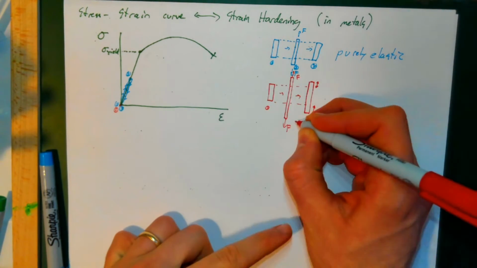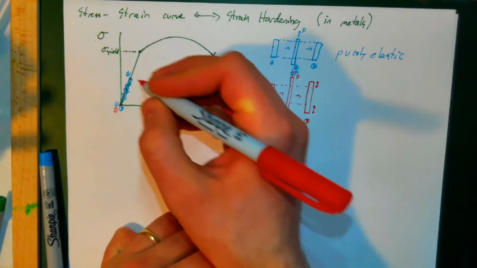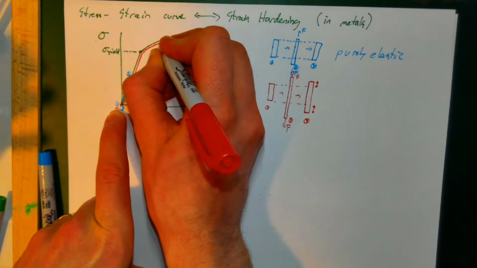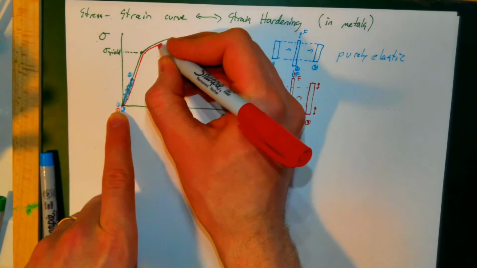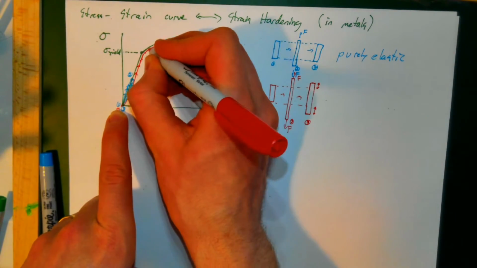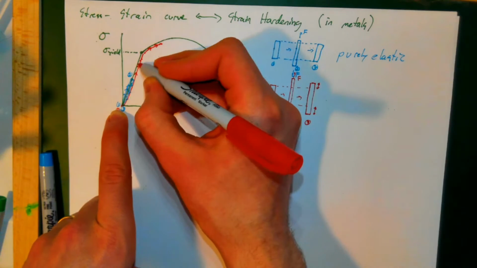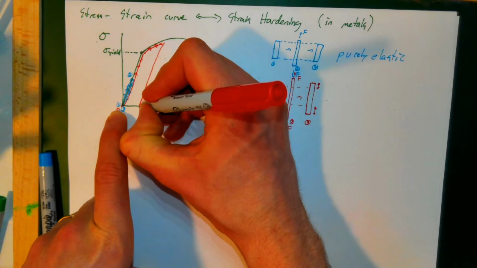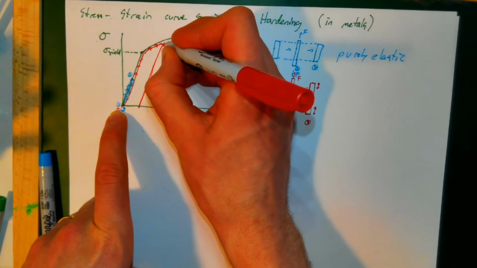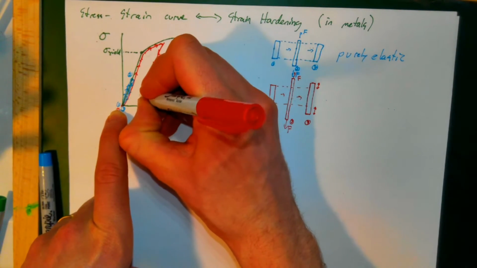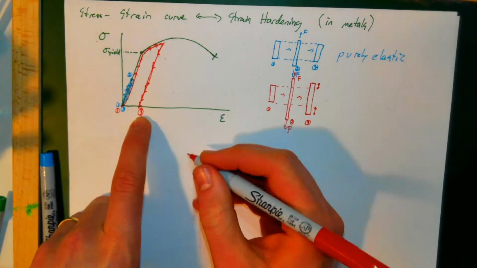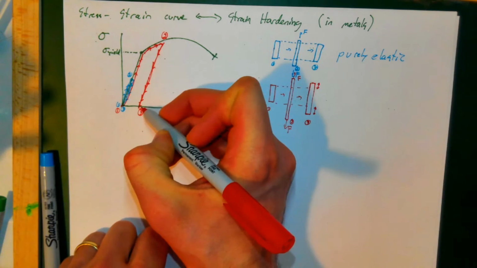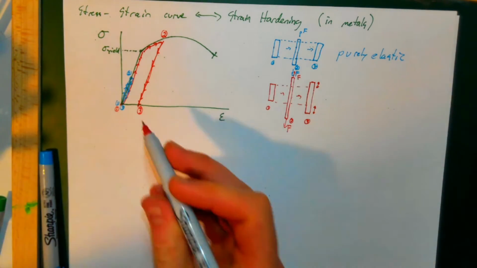So if I consider this 1, 2, and 3, this guy goes up. We take it past its yield point right here, and then the trajectory it follows is one that is parallel to this original curve right here, and it goes down. So this is now point 3 for the red curve. So point 1 is right here, 2 is right here, 3 is right here, and basically there was this permanent strain right here.